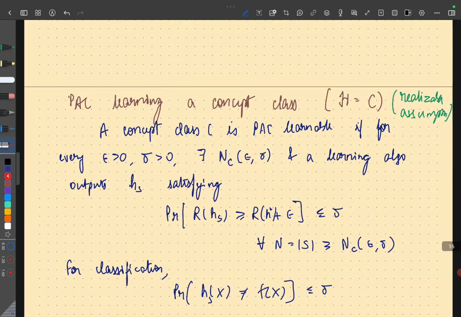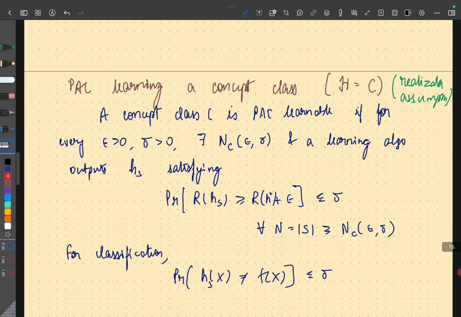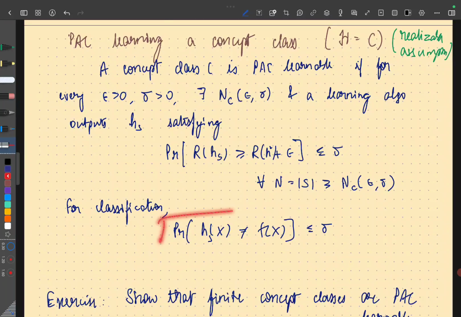If it's a concept class, if you have the realizability assumption, then you can hope to get this. But it means that the probability of misclassification is small. Correct. That doesn't mean that the error is 0. In classification we are looking at the probability of misclassification being small. Correct. But this can effectively be driven down to 0.